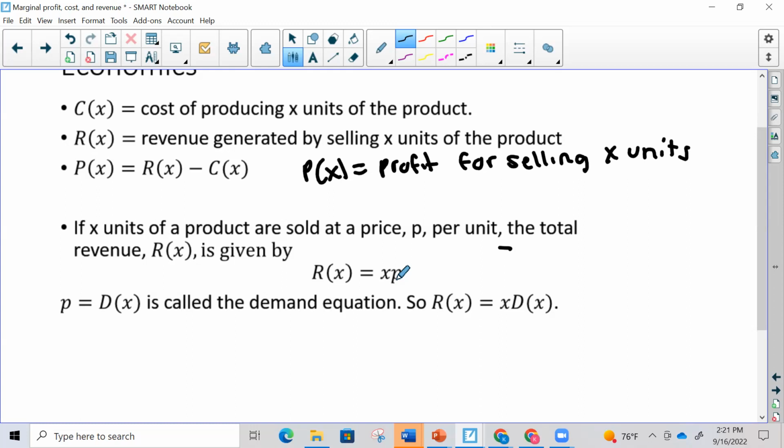And we often define P, the price, as the demand function. The price is also going to be determined by the number of units sold, so it's a function of X. And so we often write R of X as X times D of X. So you'll be given the demand function and you may have to find the revenue function.